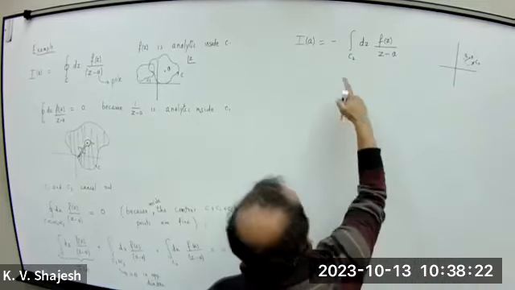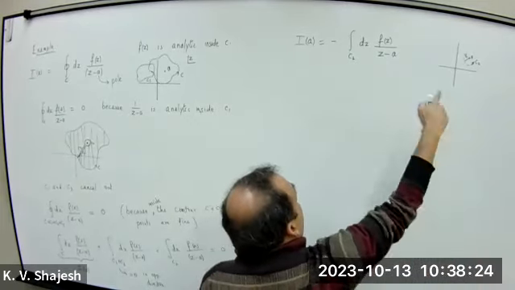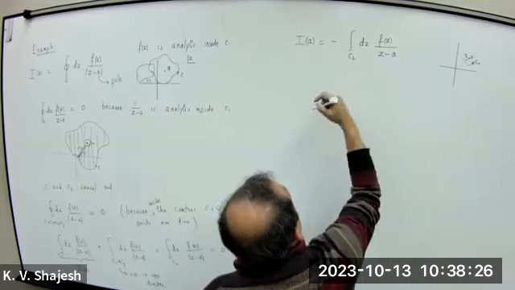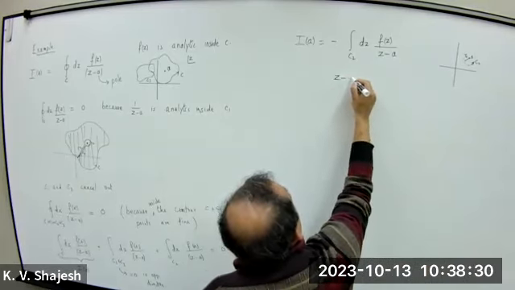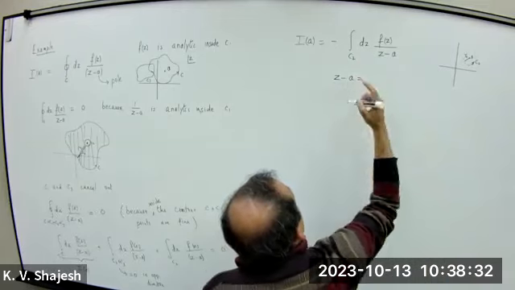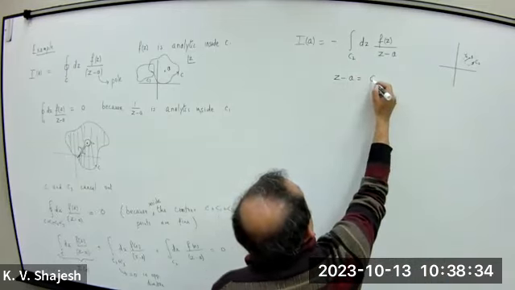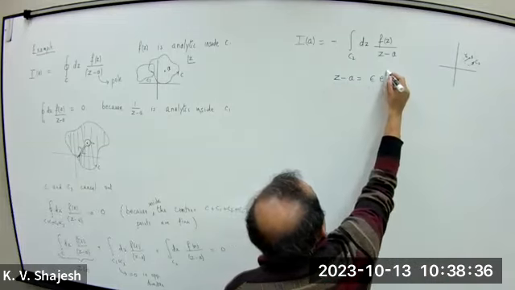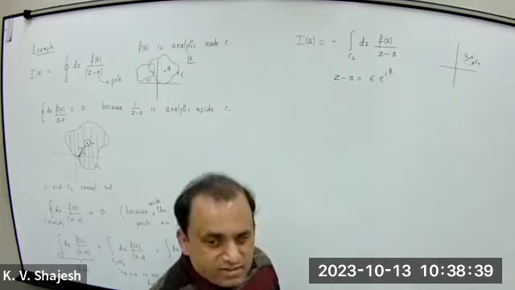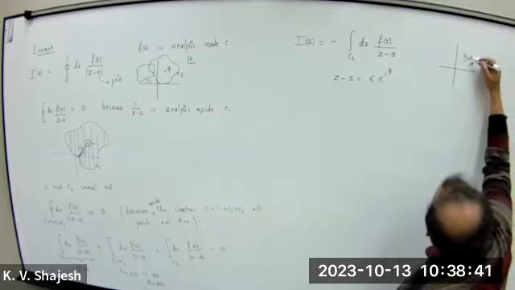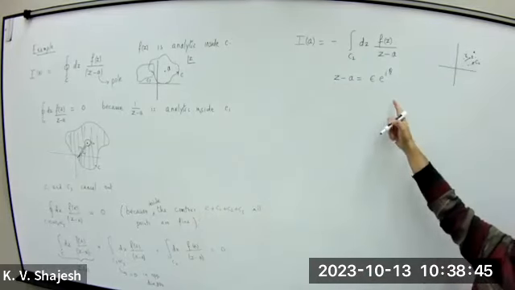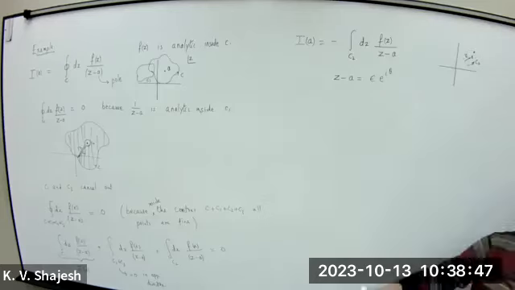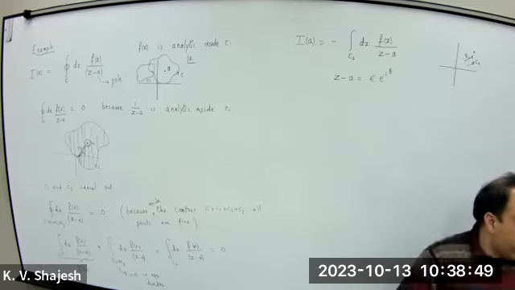To evaluate this, I'm going to do the integral on the circle. What I do is, this is a complex number. So z minus a, I can make a substitution. Remember your polar coordinates, that's epsilon e raised to i theta. This is that complex number on the circle. That will be epsilon e raised to i theta plus a, the center point.